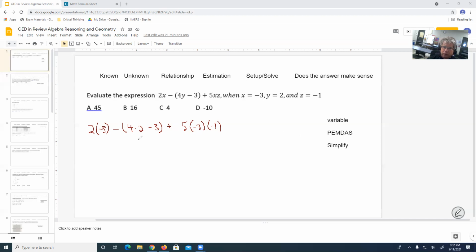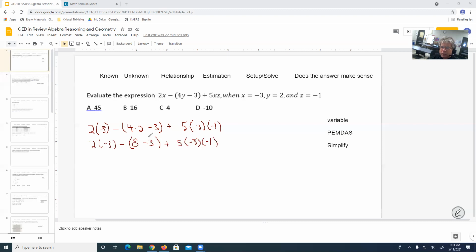So 4 times 2 would be then this 8. So I'm going to go ahead and bring the rest of the problem down. So I have 8 minus 3. And then I'm going to go ahead and bring the rest of the problem down next to it. Make sure we get this all down correctly.